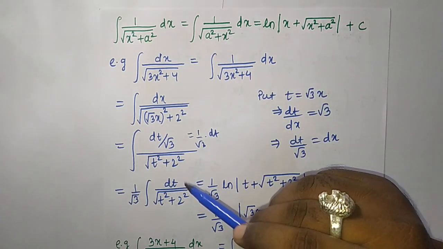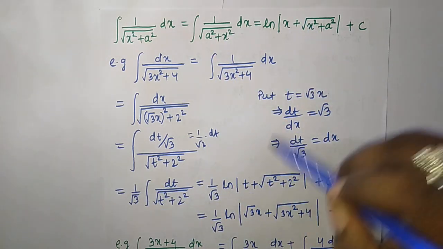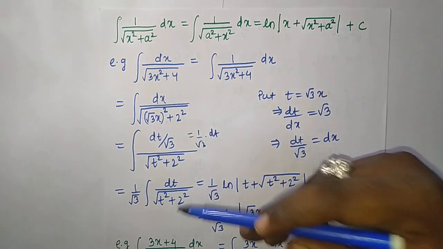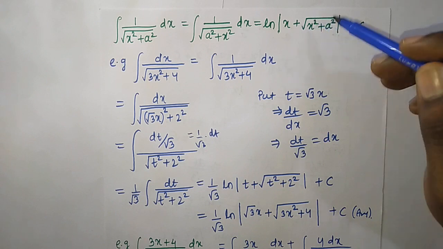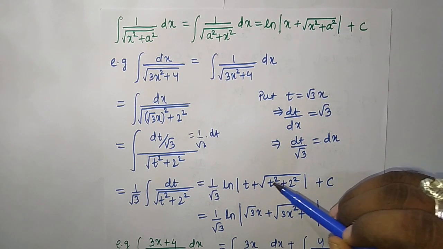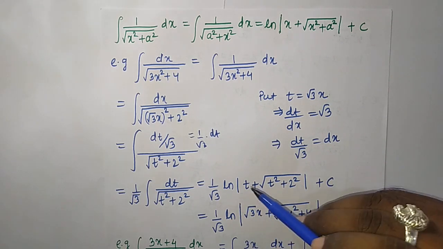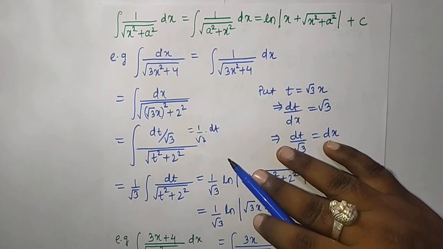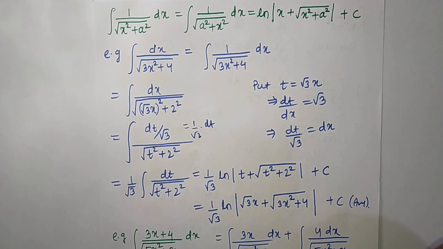In place of the integral we will put ln modulus of x plus root over of x square plus a square, but this form is in t, so t plus root over of t square plus a square, and 2 square is 4. So we have got 1 by root 3 ln modulus of root 3x plus root of 3x square plus 4.